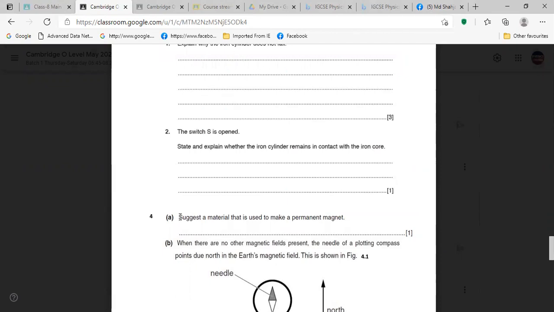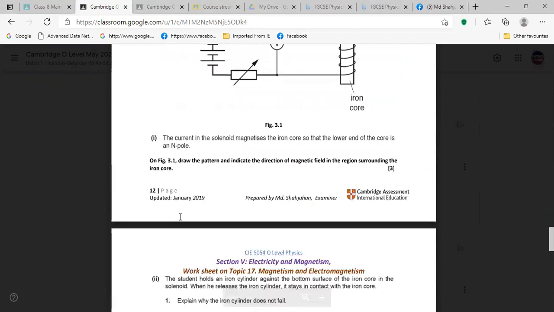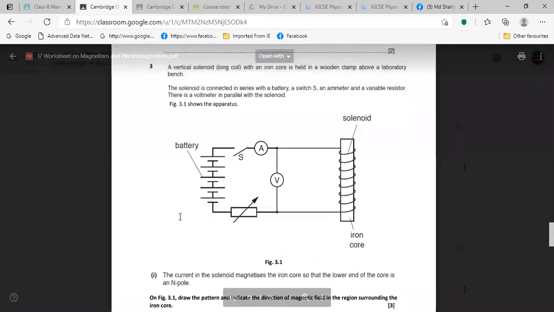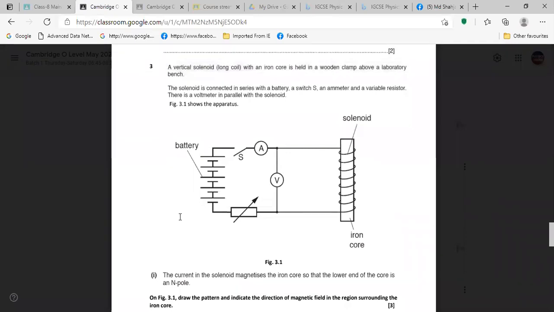So if the switch S is opened, what will happen to the iron core? Iron core will lose its magnetism, right? Yes, sir. Because iron is a soft magnetic material, and when we are stopping the current, switch is open, then it's losing its magnetism.